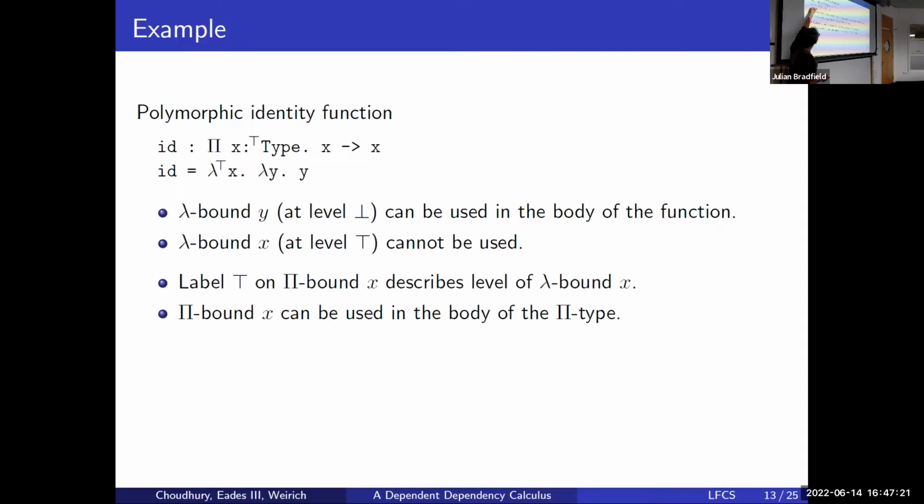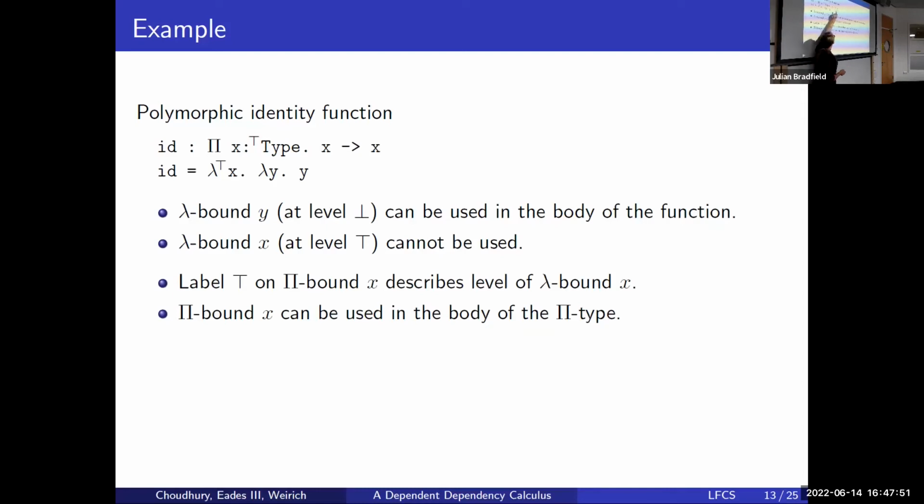But what about that x bound by the pi? In the pi, I've marked that x with top, but this top here is talking about the x bound by the lambda. It's not talking about uses of the x bound by the pi. Because here this x, I'm using it in the body of the pi, and it appears twice.